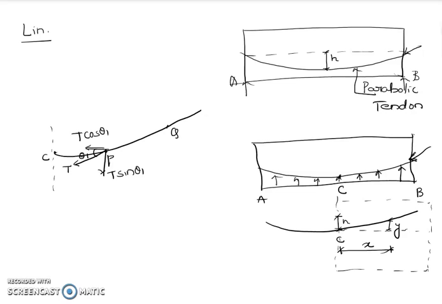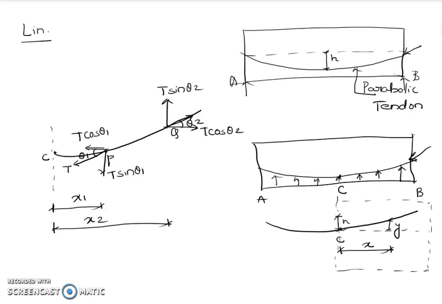Similarly, if this is the tensile force, the two components, the horizontal and the vertical, will be T cos theta 2 and T sin theta 2, where this is theta 2. Now the distance from the center till point P, let us consider it as x1, and the distance from center to point Q is considered as x2.